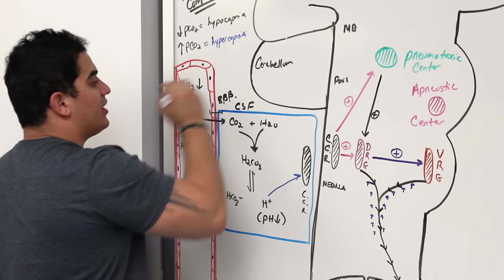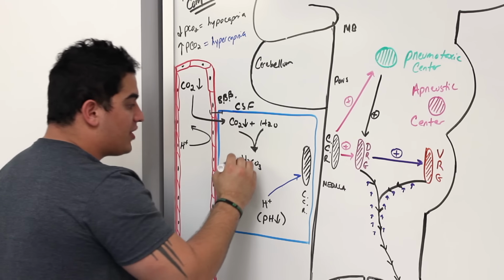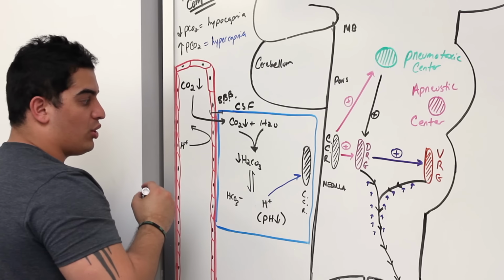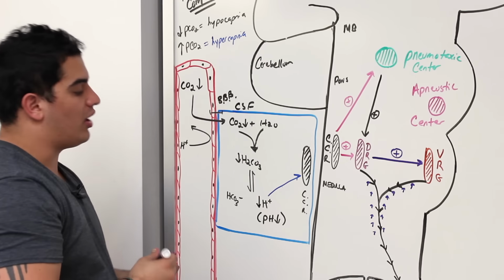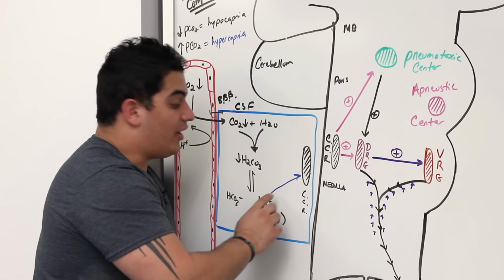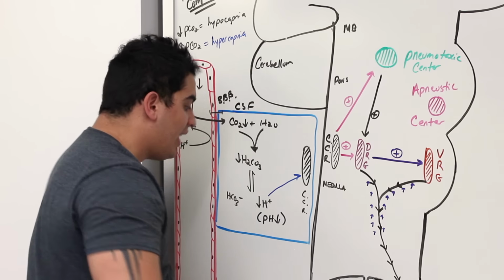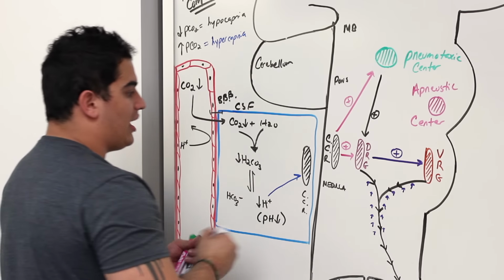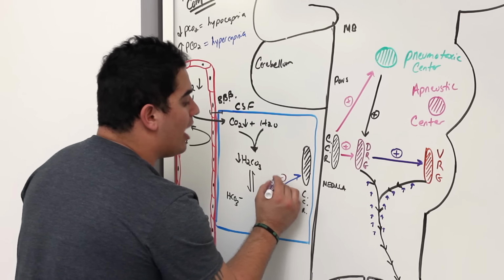If there's a decrease in the CO2, that means there'll be a decrease in this CO2. If there's a decrease in that, it means there's a decreased formation of carbonic acid, which means that there's a significant decrease in protons. If the protons are so low, they're not going to be providing signals to the central chemoreceptors. If the central chemoreceptors are not going to be as frequently stimulated, let's actually put inhibited in this case.